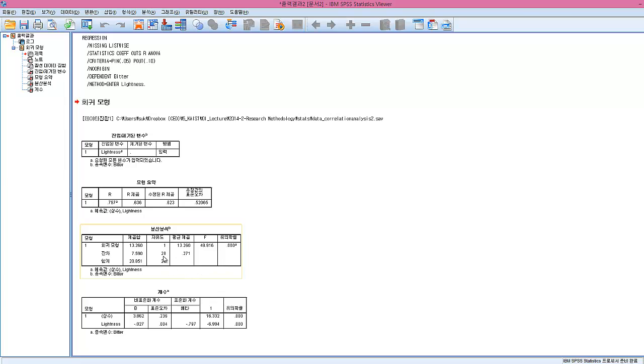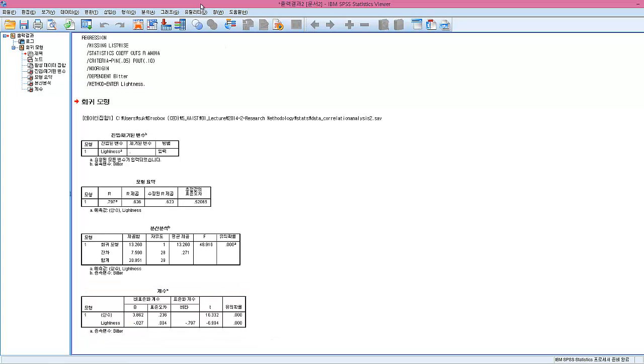So the model is statistically significant, and the coefficients, the intercept or constant is this value, and the slope is minus 0.027, which should be identical to the Excel results.